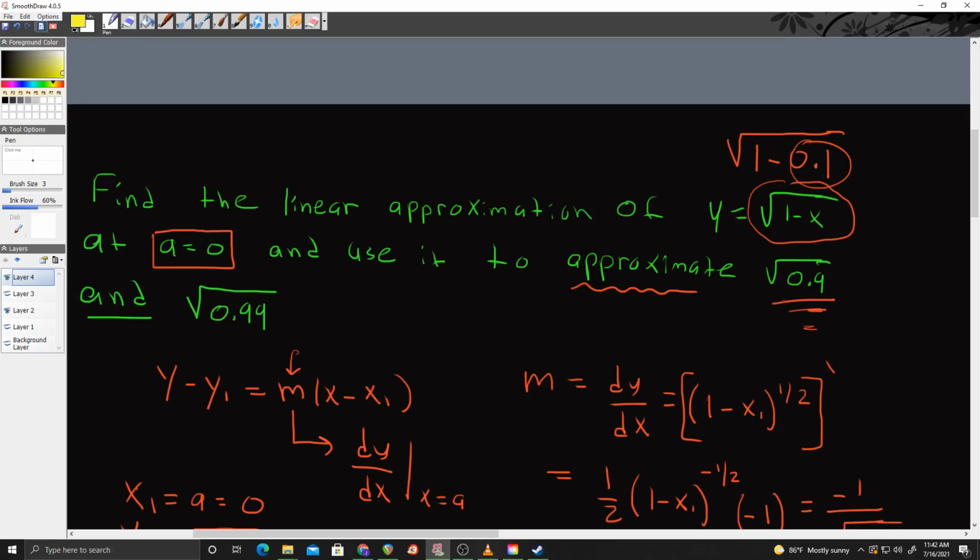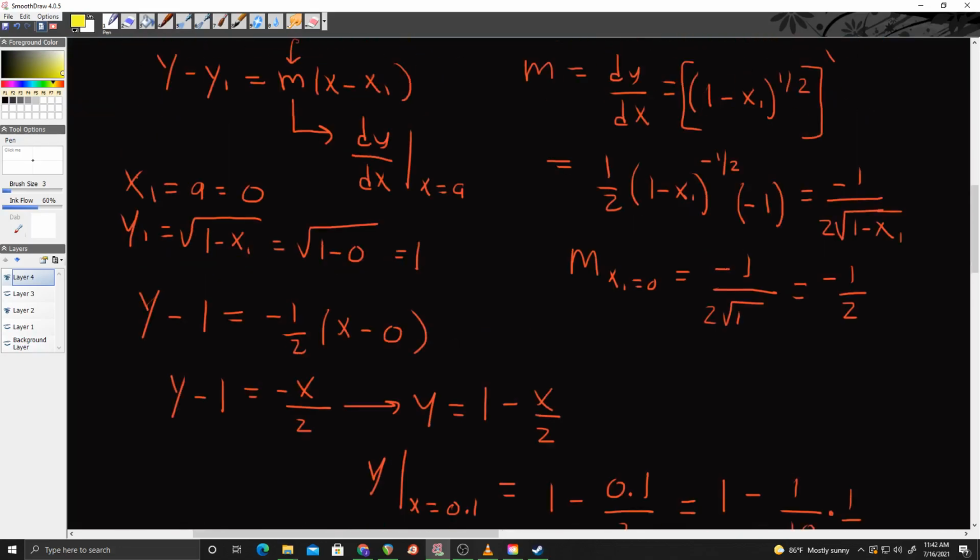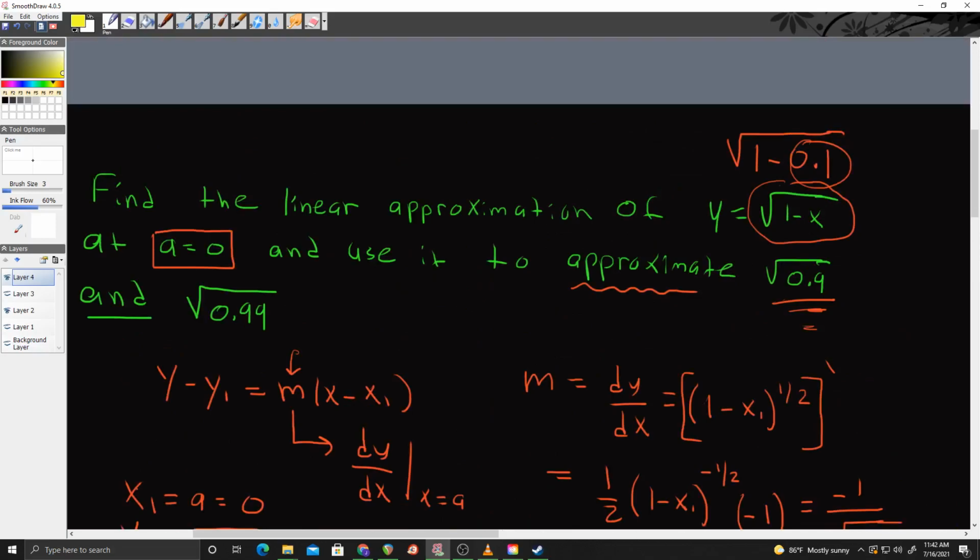If that was not too good, we're going to do it one more time for 0.99. Once again, we're just going to look at the function that we have, and think about what x has to be to produce this value. So 1 minus what is 0.99, right? You can even just solve this equation and figure out what x has to be. Let's add x to both sides and subtract 0.99 from both sides.